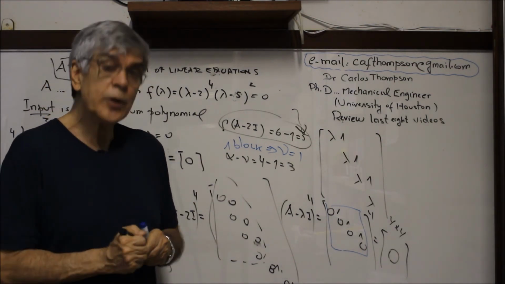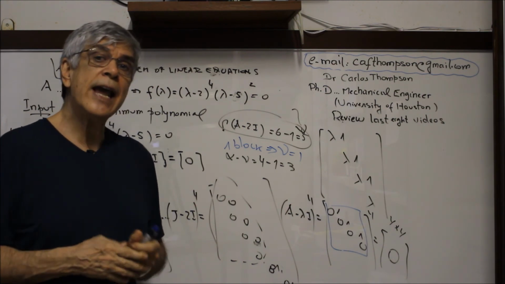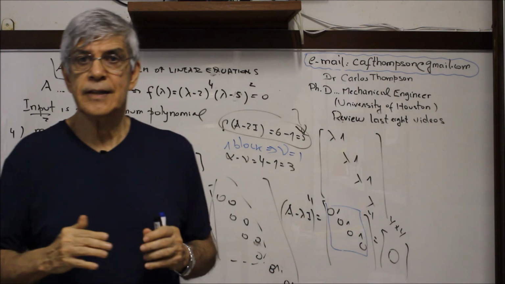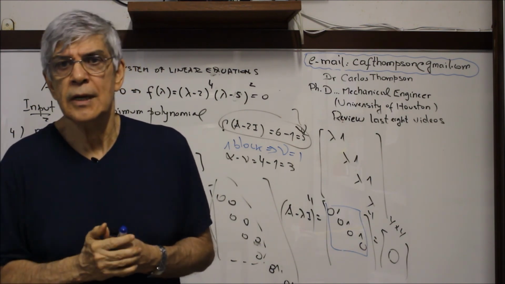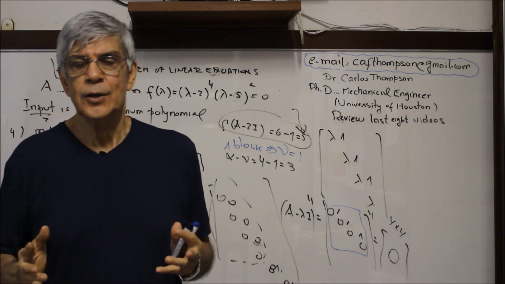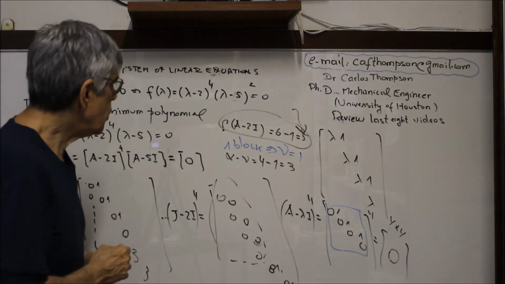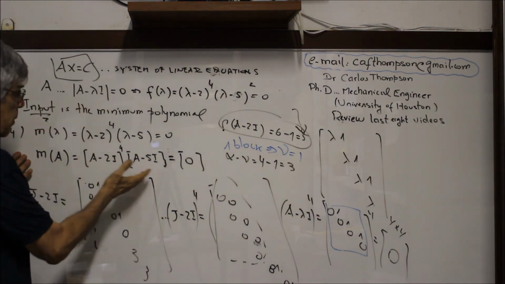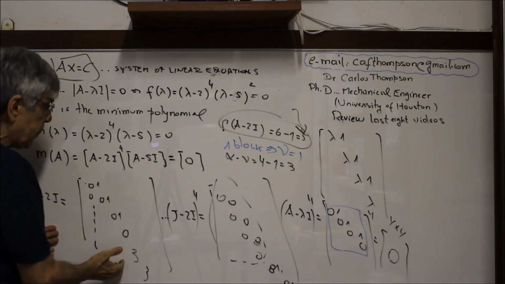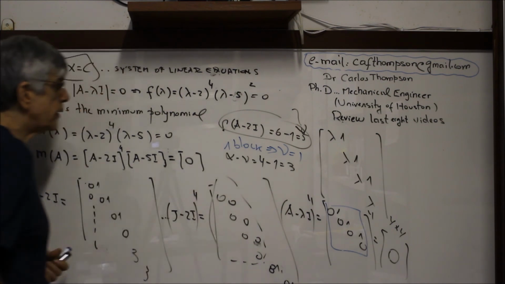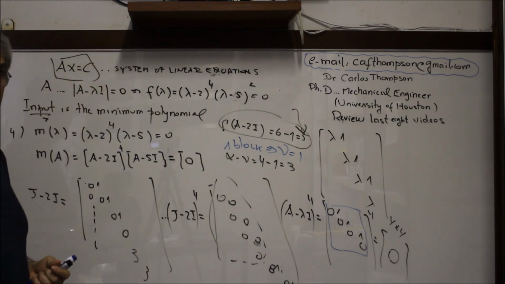Now, do you remember when I said in the previous 2 videos that the minimum polynomial helps us to find the solution of this equation? Look, here the minimum polynomial is helping us because from here I can write down nu and rho.